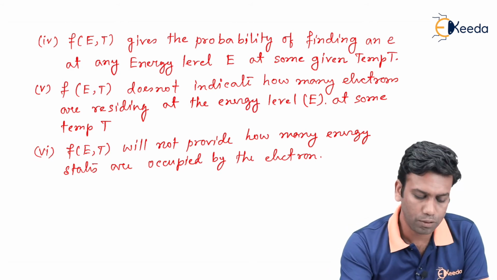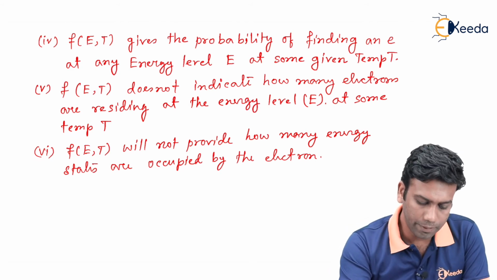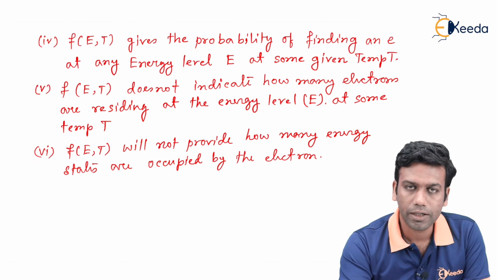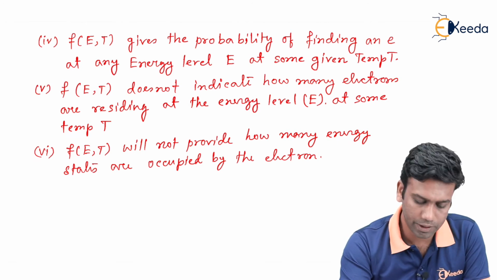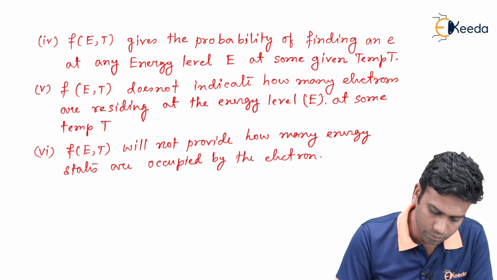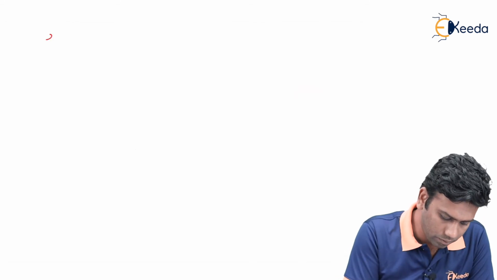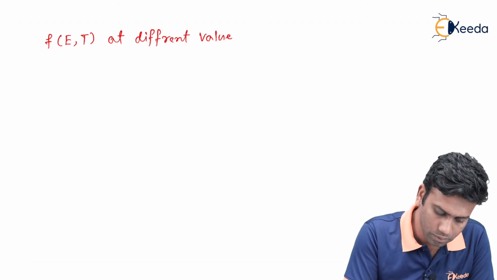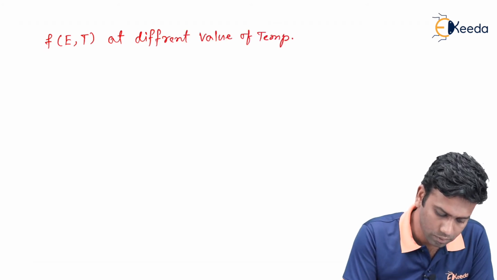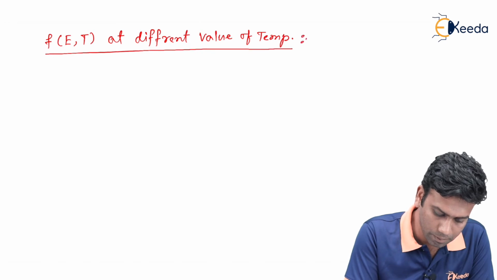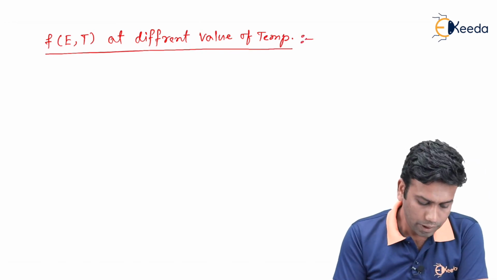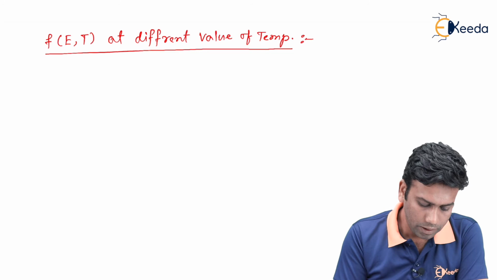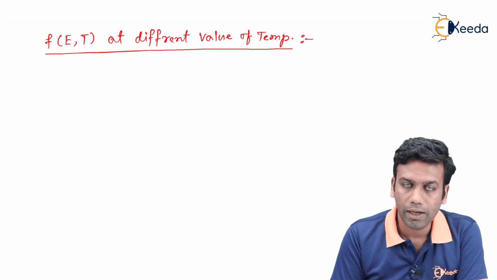Now, let us look at the Fermi-Dirac statistics at different values of temperature. F of E, T can be found at different temperatures.